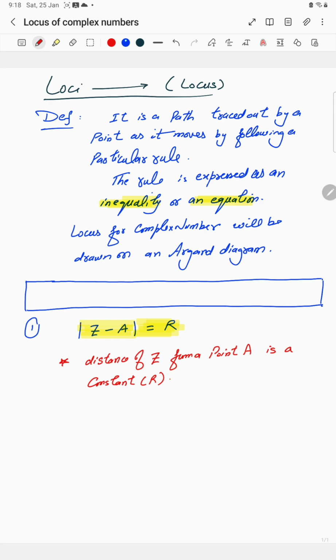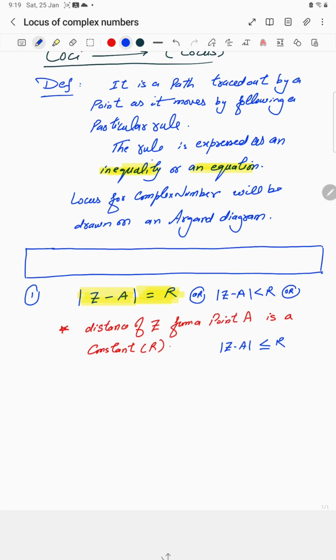So it can be |z minus a| less than, or here I'm going to write |z minus a| less than or equal to a constant r.